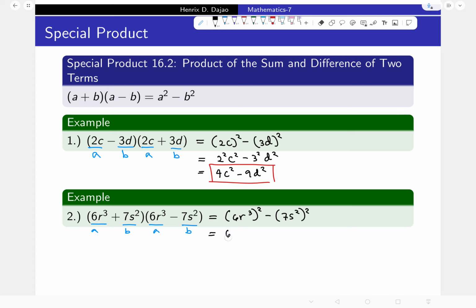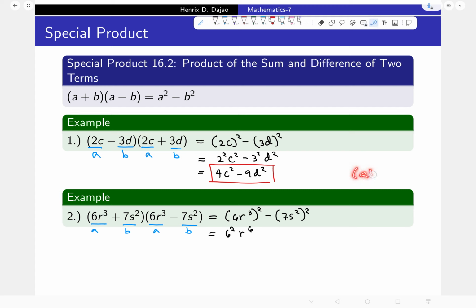So we have 6 squared, then we have r raised to 6, because you're going to multiply. That's a property of exponent. 3 times 2, we have 6. Since the exponent of 6 is 1, just multiply 1 and 2, so that's why it's 2 here. Okay, remember the rule last time?